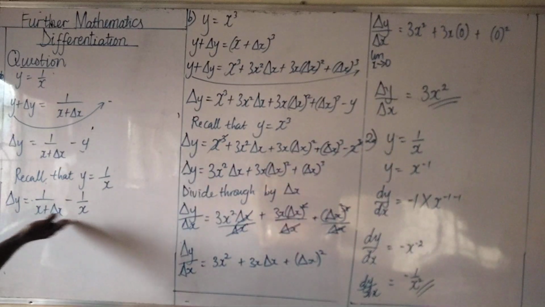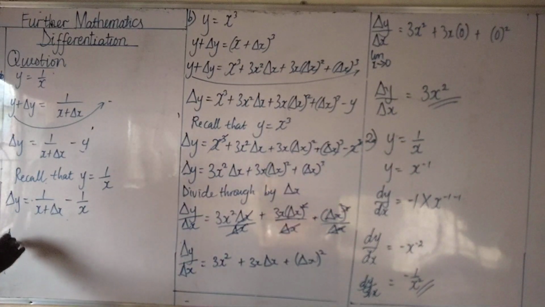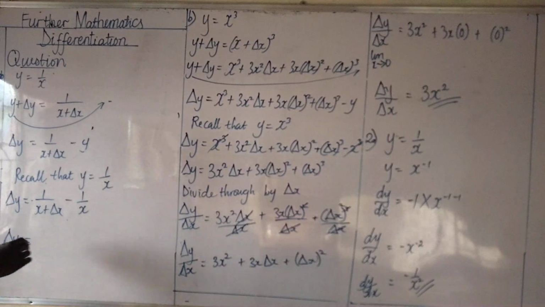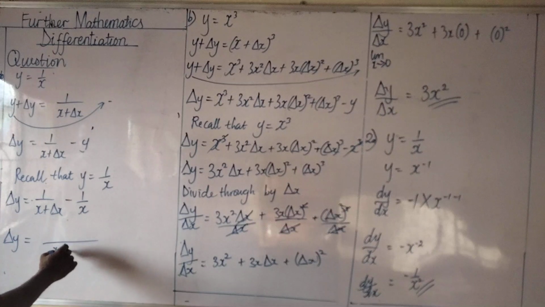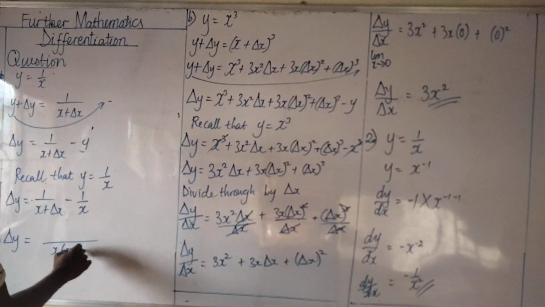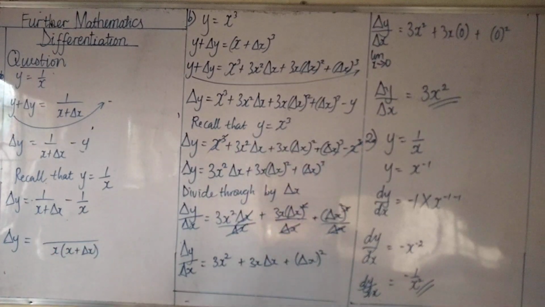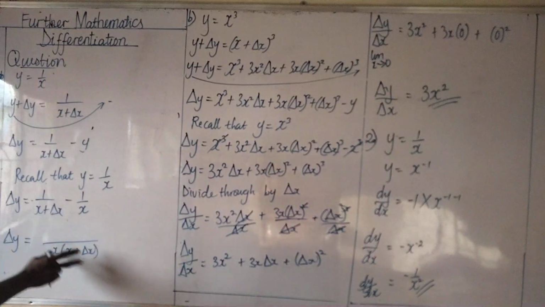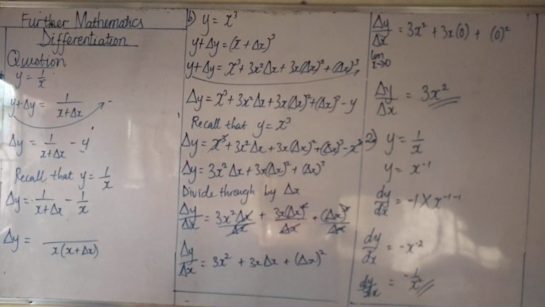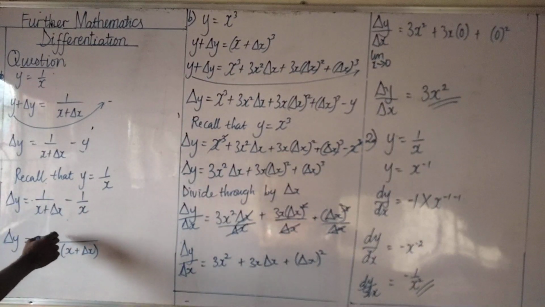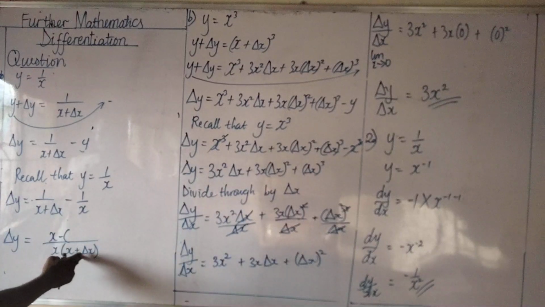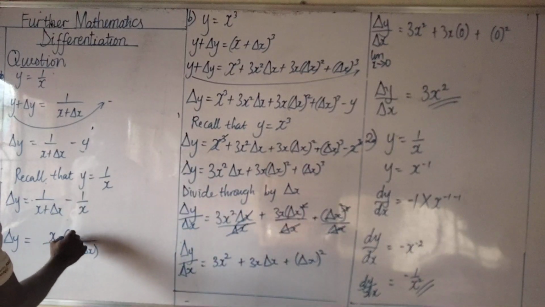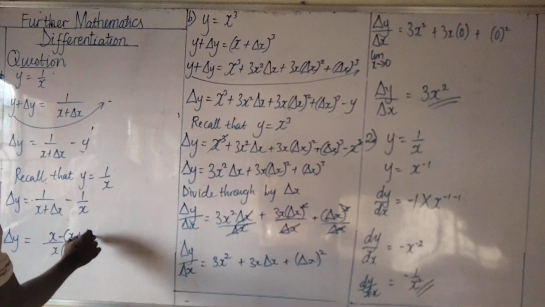Next is to get the LCD of the denominators. So we have changing y equal to, the LCD of the denominators will be x multiplied by x plus changing x. When x plus changing x divides this, we are going to have x remaining. So x times 1 is x minus bracket open, x divided this will give us x plus changing x times 1, we have x plus change in x.